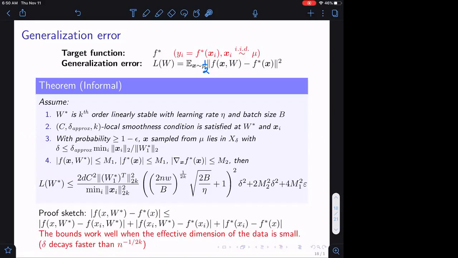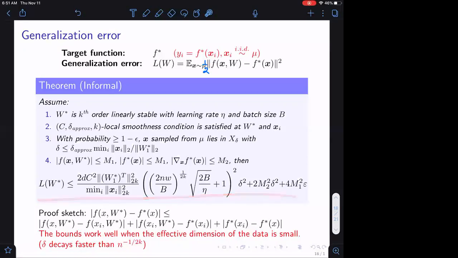It says that with high probability, a new point sampled from my data measure is going to lie in a neighborhood of my training data point. This is the covering assumption, that the union of these small disks is roughly going to cover all the data. And finally, these are the assumptions on the target function. I assume that the target function is bounded, and I assume the gradient of the target function is also bounded.